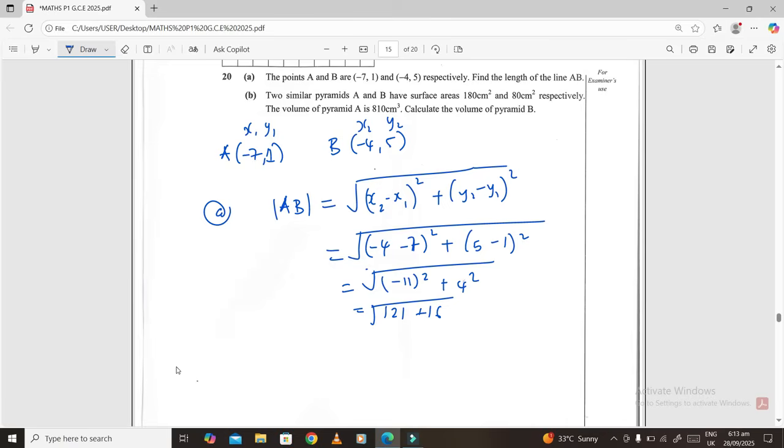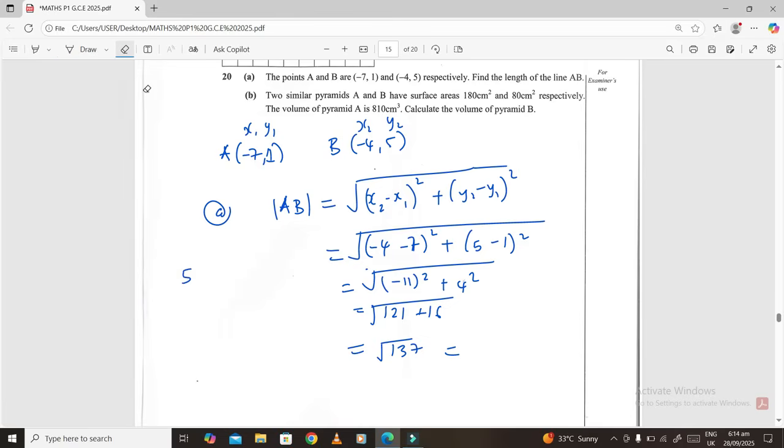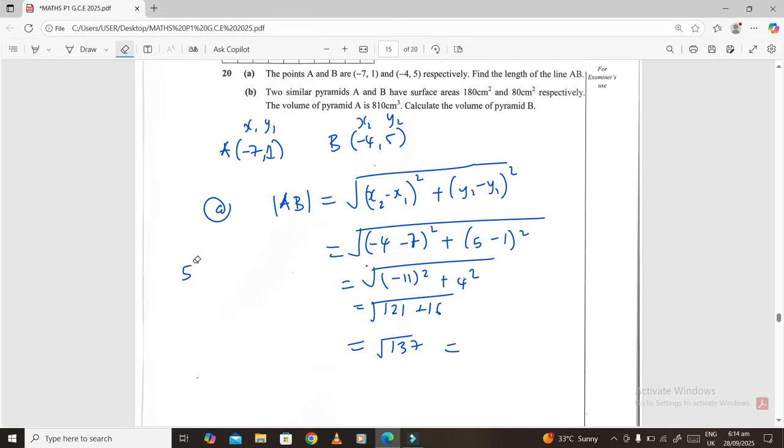When we add 121 plus 16, it's giving us 137. Square root of 137. Did we do the right thing here? First, let me check nicely. I'm just counter checking what we wrote from the beginning. I've seen where the mistake is. So it is very important to counter check your work.